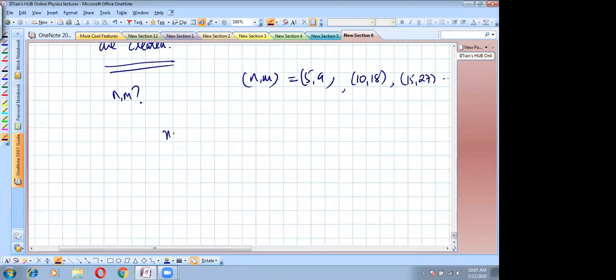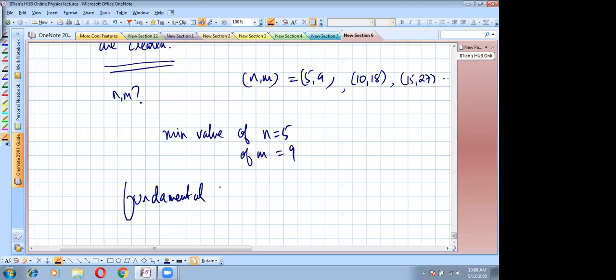So the minimum value of n is 5, and similarly of m is 9. So for the fundamental mode f0, it corresponds to frequency being minimum and lambda being maximum.